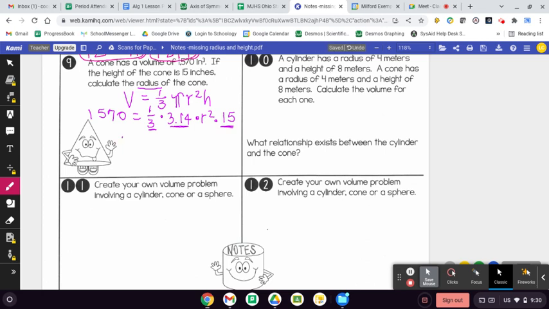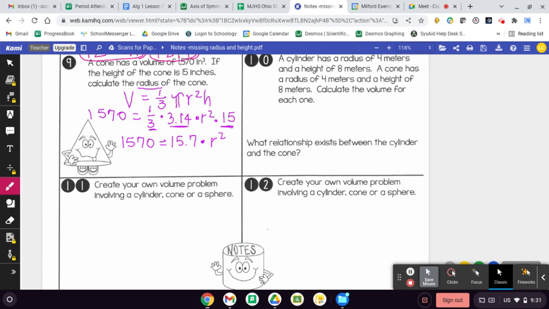If you type in 15 times 3.14 times 1/3, it will give you the answer. When you get it, tell me what you get. 15.7.